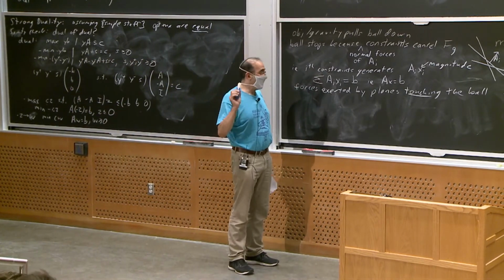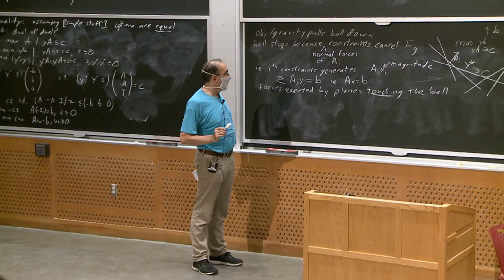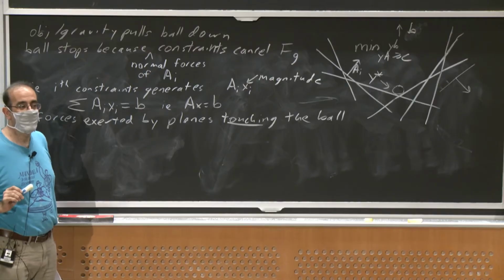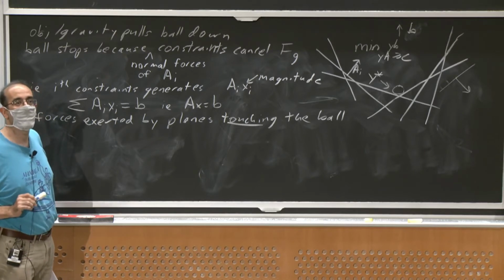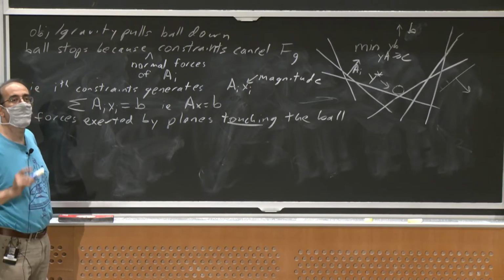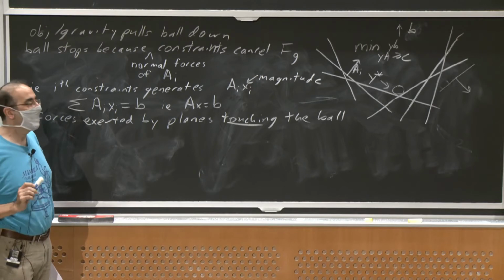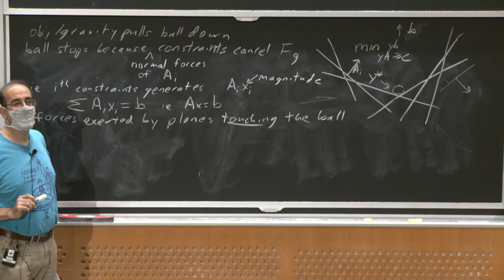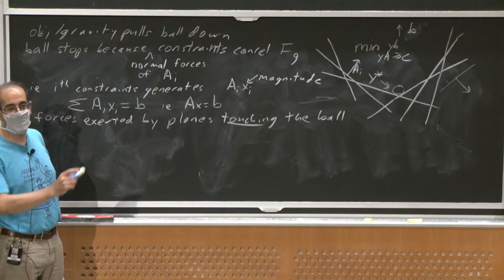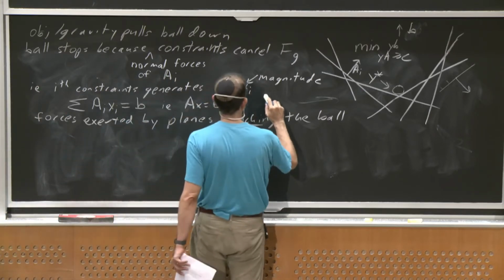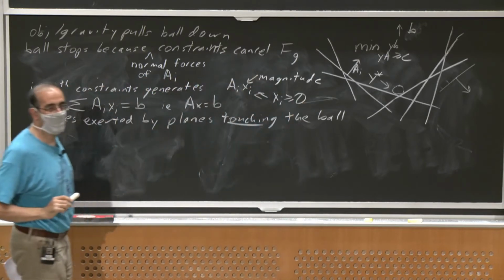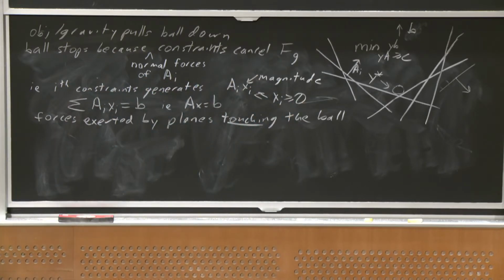Now, before I write that down, I skipped a small step. Can we say anything about the values x_i, these magnitudes? They're non-negative. Why? Because the walls push on the ball, right? They don't pull on the ball. So we also have that x_i is greater than or equal to 0, right?